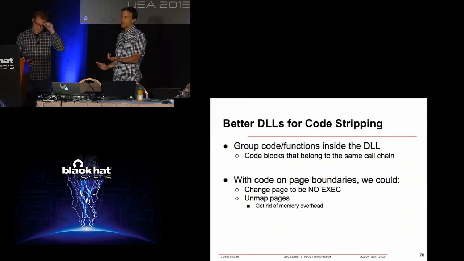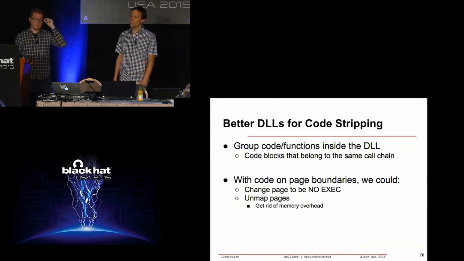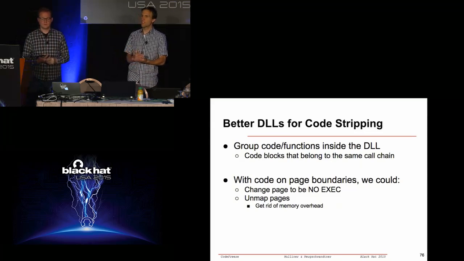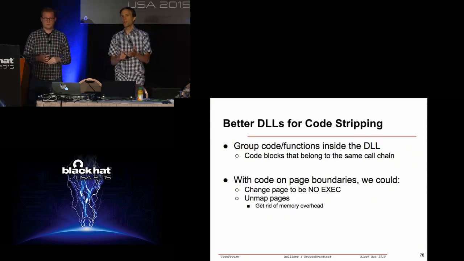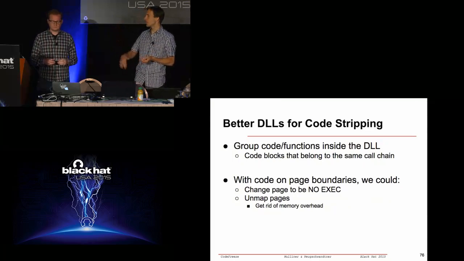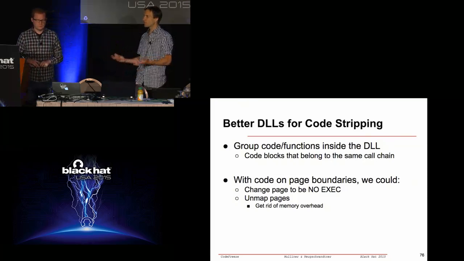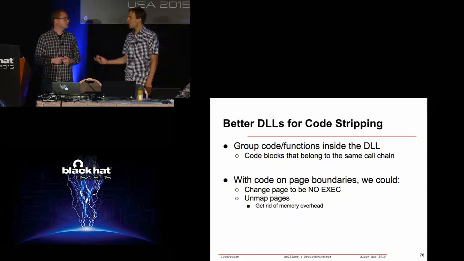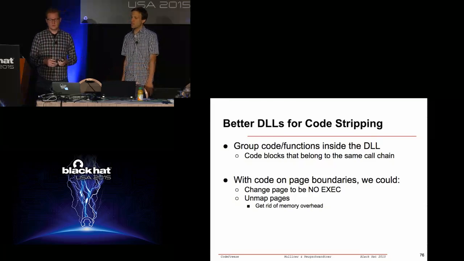So there's also one compiler thing that could be done. The compiler could group code and functions inside the DLL at compile time, so the code blocks that belong to the same call chain are next to each other. Then we would have more continuous blocks of code that we could strip, or that, if at some point we have partial unmapping, could be unmapped more easily.